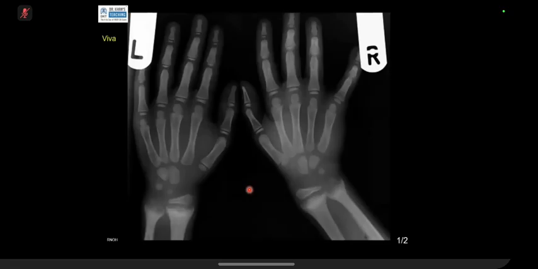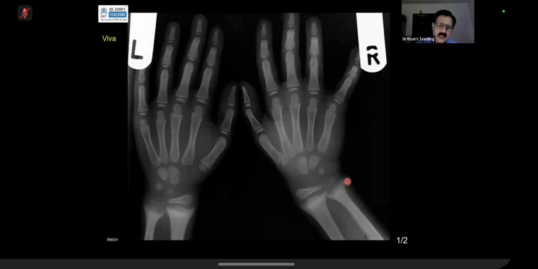Although I can see a dense band, which is the Frankel zone, which is seen in scurvy patients, since the epiphysis looks quite normal to me on both the sides, and there are no obvious Pelkin spurs, the predominant finding, I believe, is the cupping, fraying, and splaying. So I believe that this goes more in favor of rickets rather than scurvy.